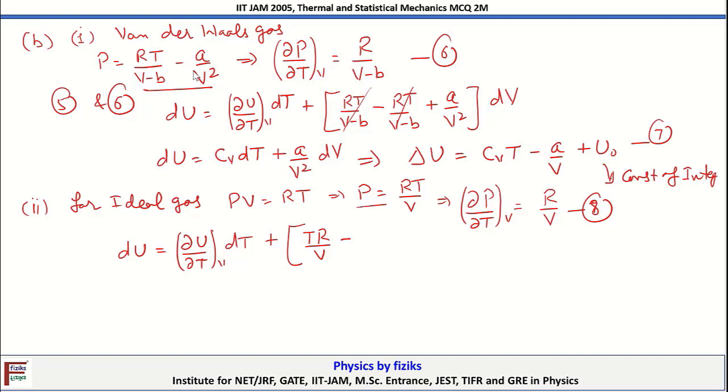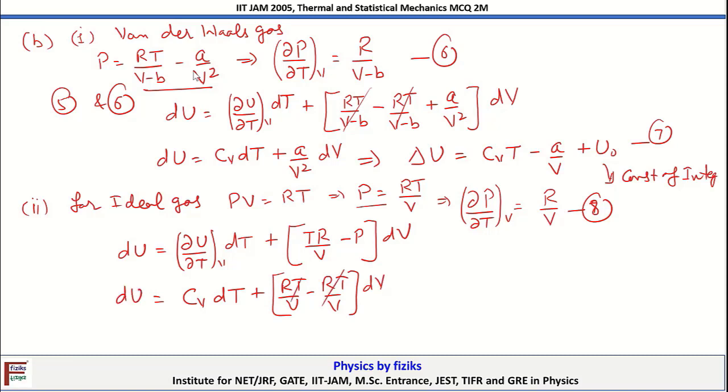P is this one. Let me write it in two steps: minus P and then dV. This is equal to Cv dT plus RT upon V minus RT upon V dV. So these cancel.